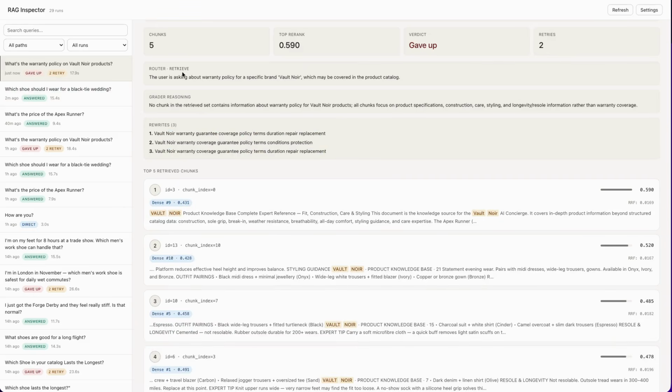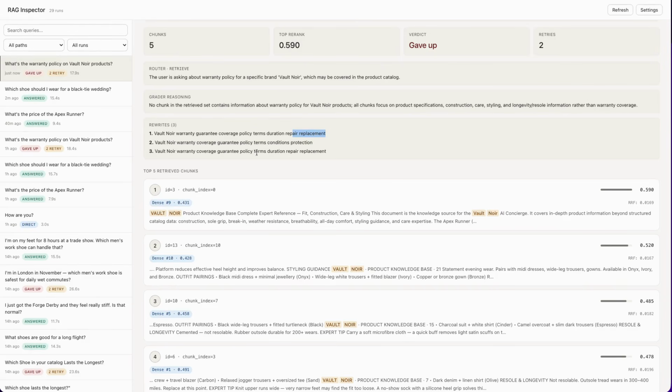So you can now see that this one went through 2 retries because the grader decided that there wasn't enough useful information in the chunks that it received for it to answer the question. So it actually made it go through multiple retries. The first rewrite was Vault Nova, warranty, guarantee, coverage, policy terms, duration, repair, replacement. But then the second one was this, and the third one was this.